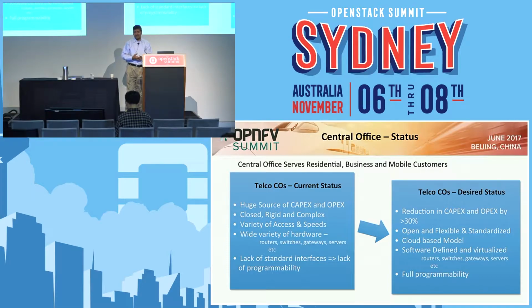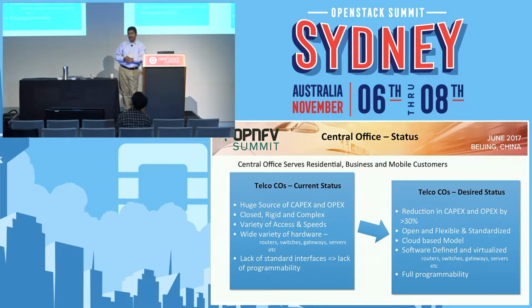So the current status of central offices is that they're a huge source of CapEx and OpEx for a service provider. They're very rigid, very complex, and have a wide variety of hardware deployed in them. There is a lack of programmability and a lack of standard interfaces, and you have different types of switches, gateways, routers, fiber termination blocks, transport devices, on and on.